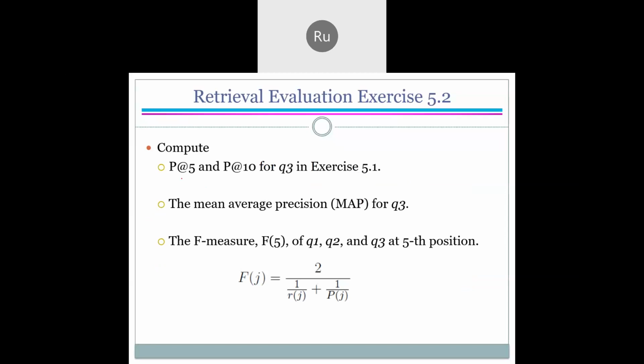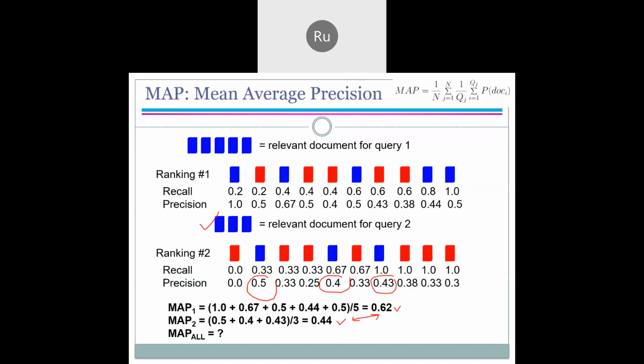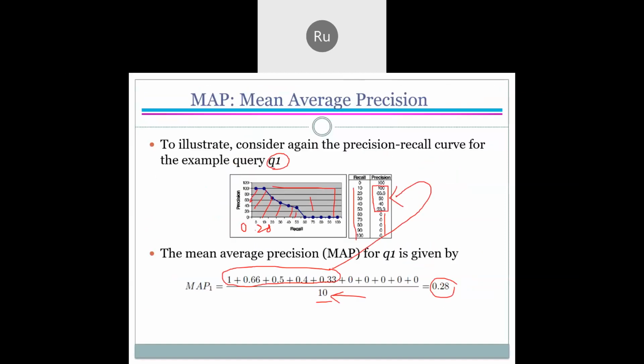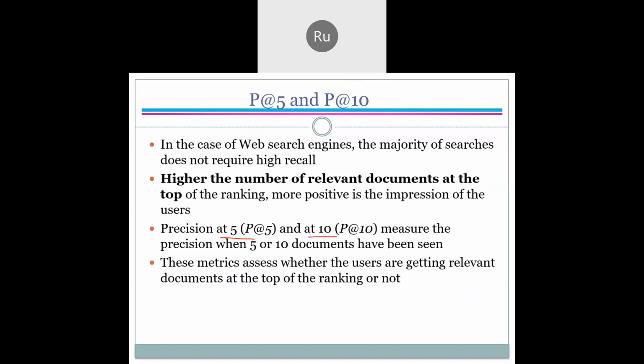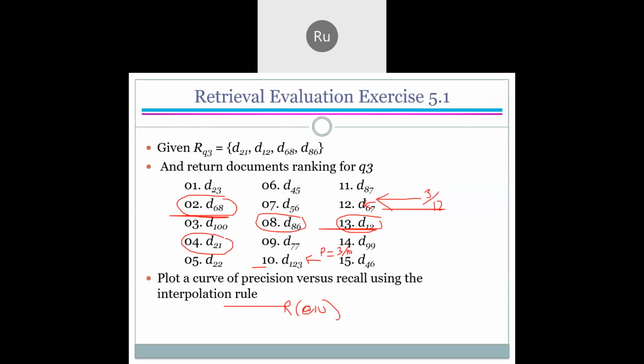Okay. So they ask you to find what is the position at document 5 and document 10 for query number 3. For query number 3, where is query number 3? This query number 3.